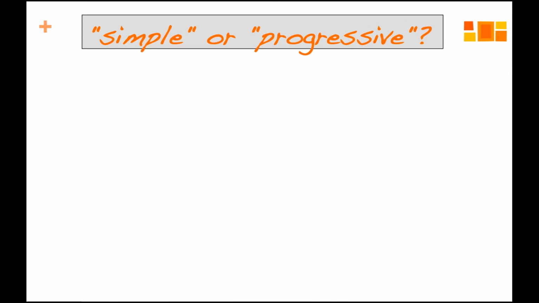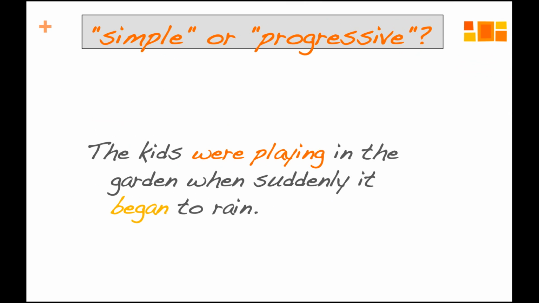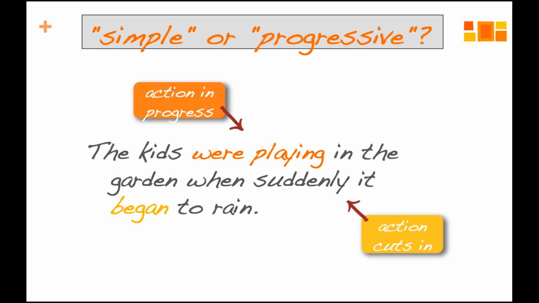And that also works for the past tense, of course. The kids were playing in the garden when suddenly it began to rain. All right, so this is your action in progress. The kids were in the middle of playing, and then it began to rain. So this is an action that cuts in.